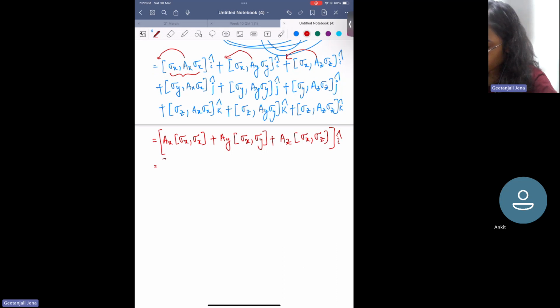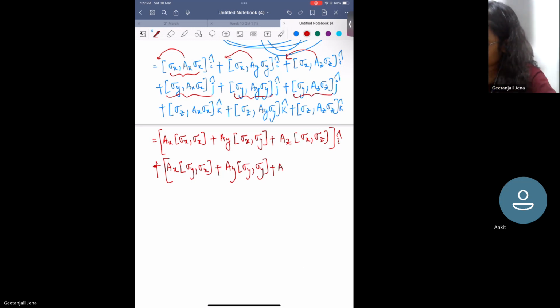Similarly, for the other one, you can also take out the A terms. This is Ax sigma y sigma x, plus for this one Ay sigma y, plus this one Az sigma y sigma z, j cap.